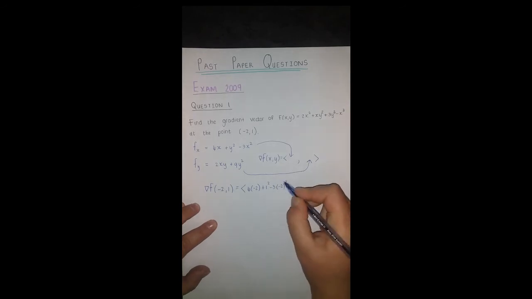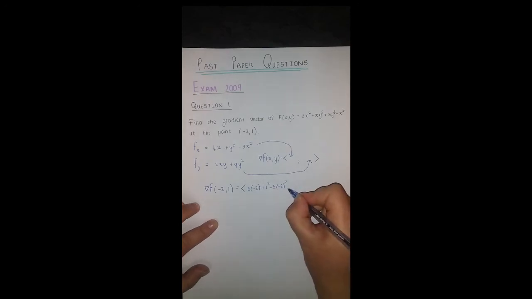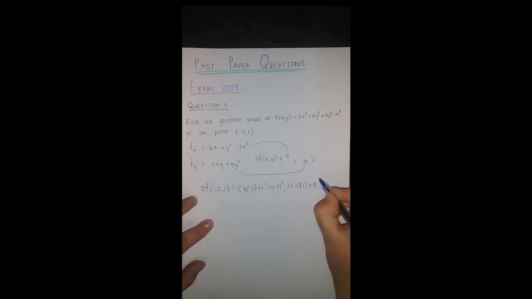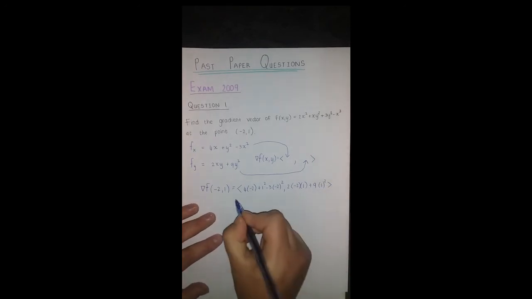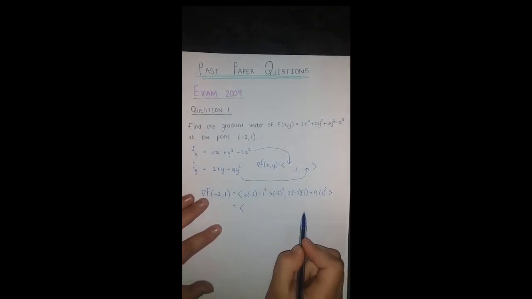So this is your partial derivative towards x, and you just subbed in the x and y values, and then you do the same for the partial derivative towards y. So you'll have this. And then you just simplify this for yourself. And you can just add these up, and it should give you this.